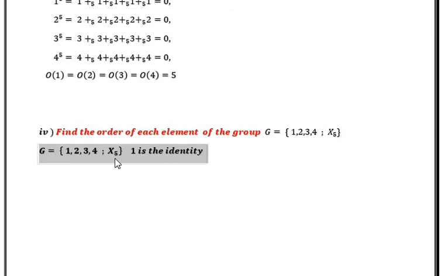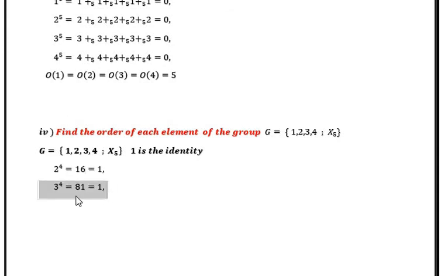Now let us express the elements of G as integral powers, which is equal to identity element. 2 to the power of 4. When you multiply 2 into 2 into 2 into 2, 4 times, 16. When you divide it by 5, 1 is the remainder. So 2 to the power of 4 is equal to 1, identity element.